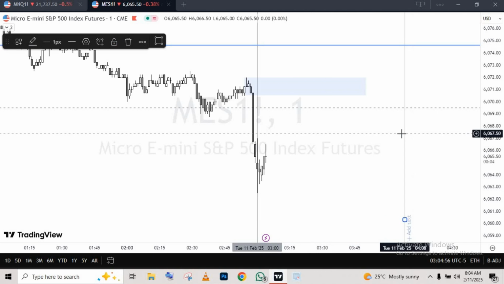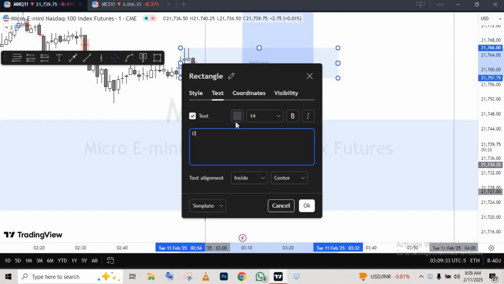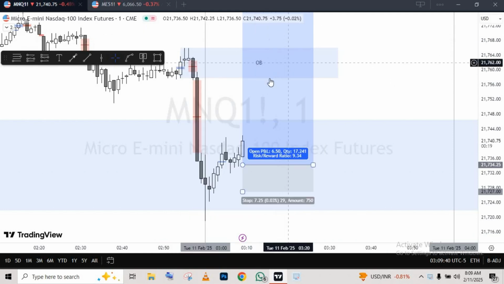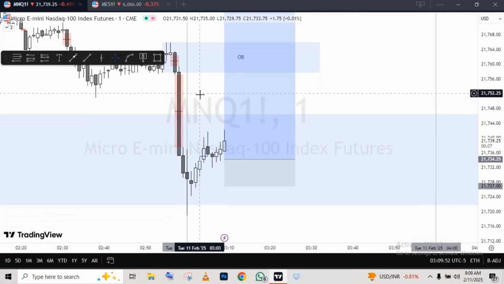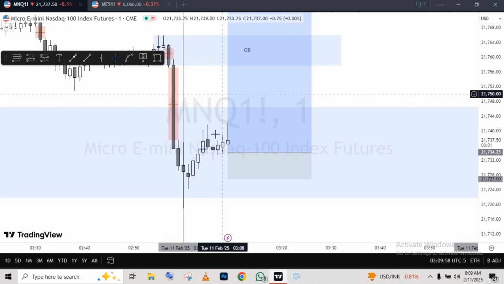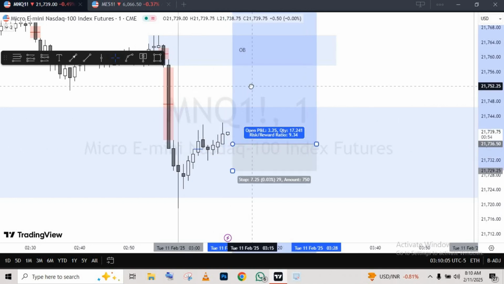This is the kill zone, so this is going to be silver bullet. This is the order block that sent price down. I would want to see price going above that high and using it as support. We break above it, use it as support to target the high up here. But currently, I'm looking for any sort of bullish price action in the form of SMT, market structure shift, and I'll just go in and take a buy.